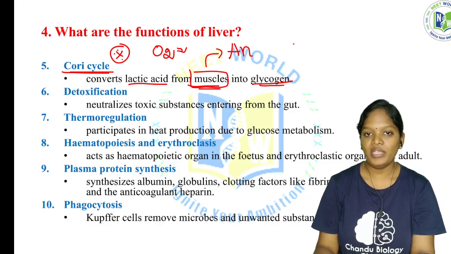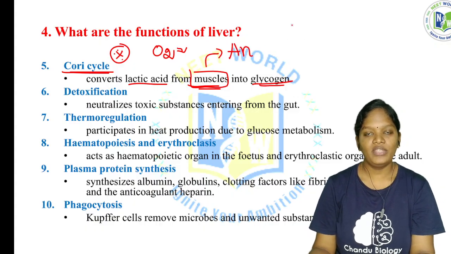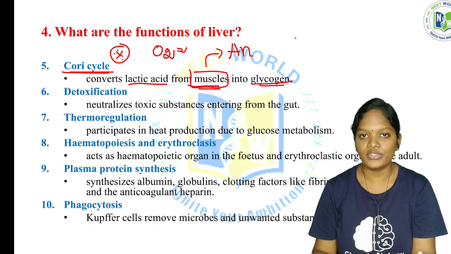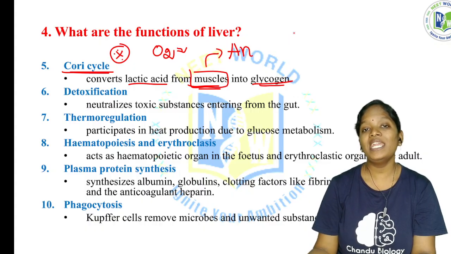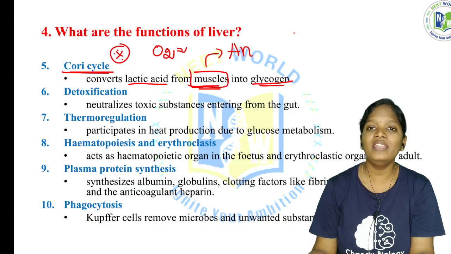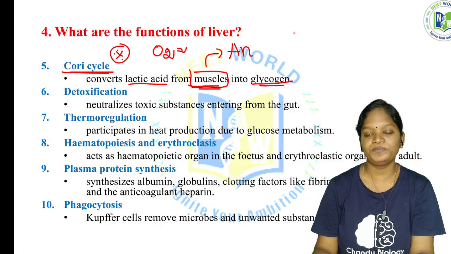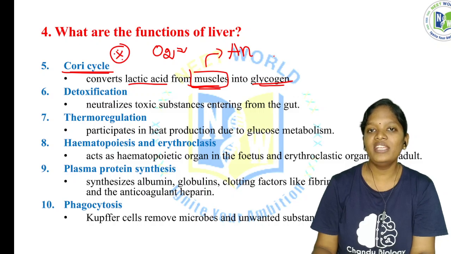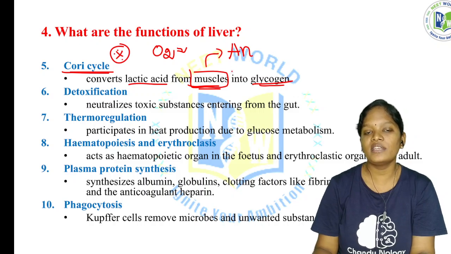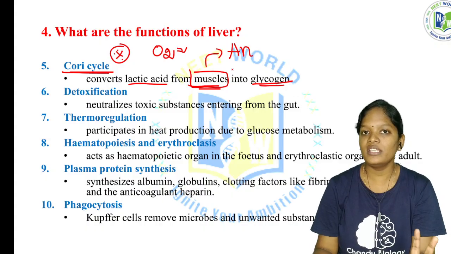I repeat. Whenever we are doing normal regular work, we have sufficient oxygen. Whenever we are doing exercise, whenever we are in a hurry, our muscle cells are in need of more oxygen. In vigorous exercise, oxygen gets exhausted in the muscle cells.